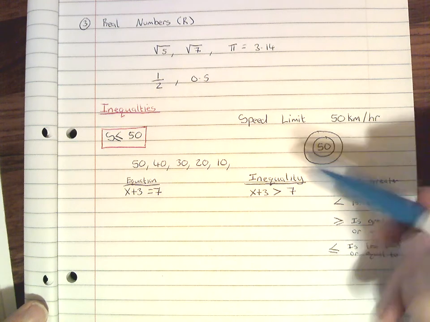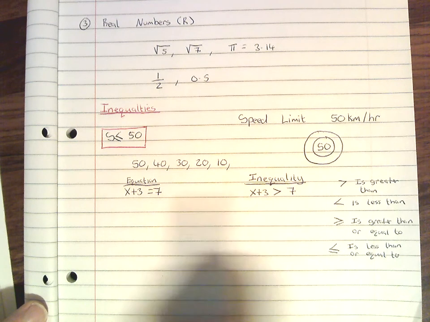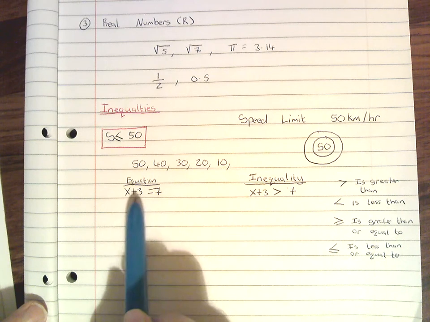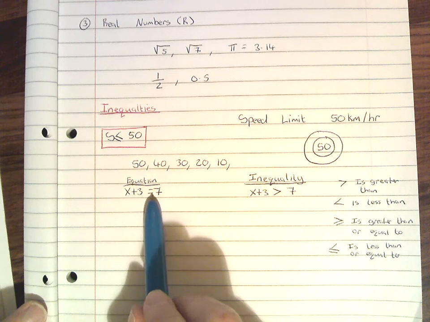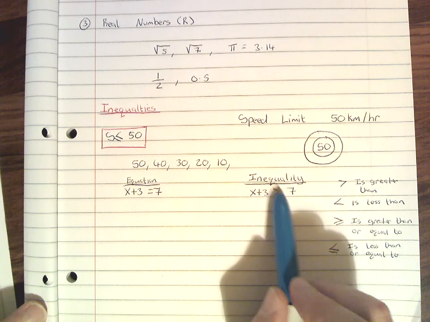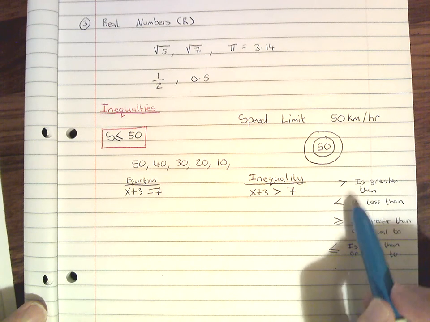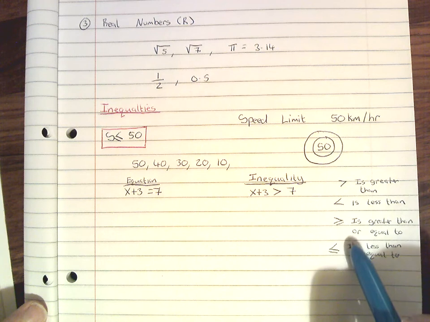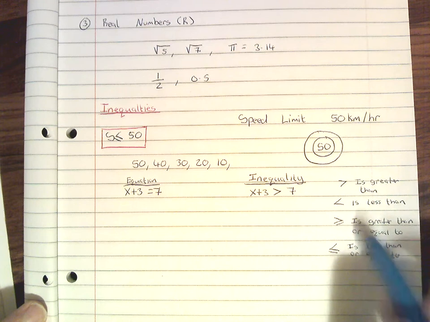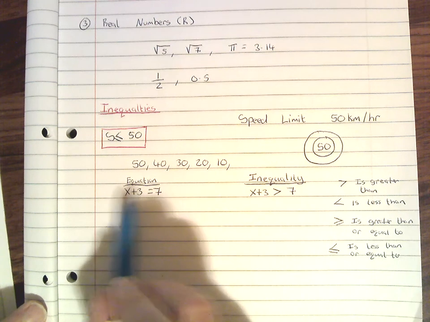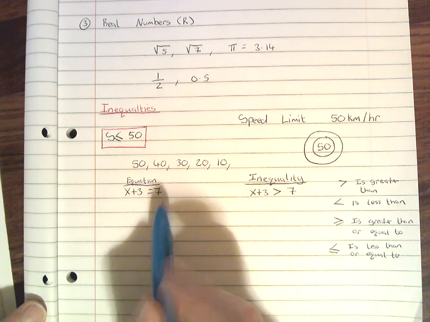So these are the signs. Inequalities are very similar to equations, except instead of having an equal sign, you have an inequality sign. And it can be any of these: is greater than, is less than, is greater than or equal to, or is less than or equal to. Now let's solve this equation here.